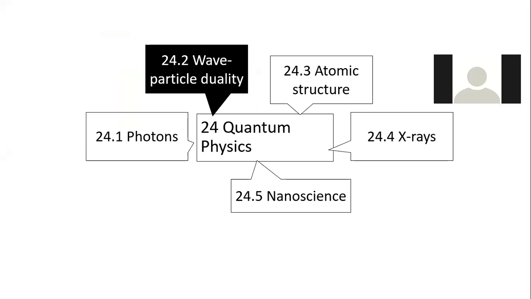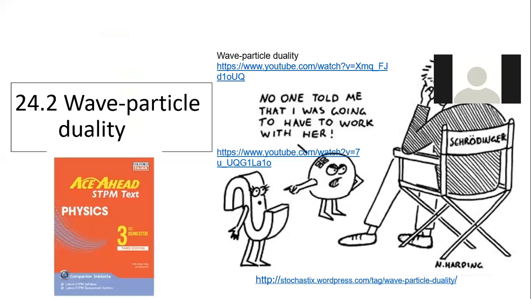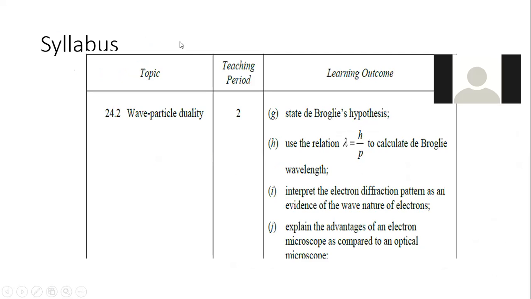Okay, our next topic is wave particle duality. Okay, this is just a cartoon. They are blaming each other, and Schrodinger comes up with a solution. Page 224.